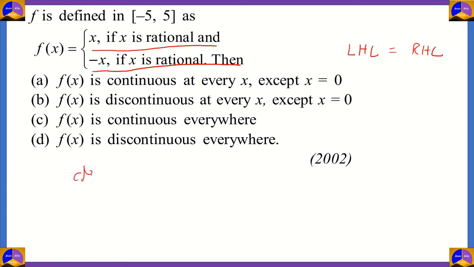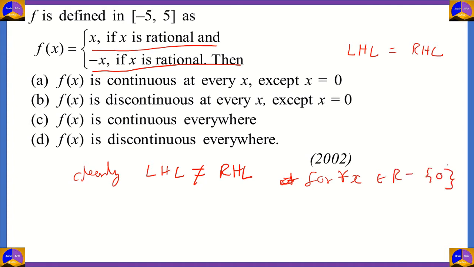And so therefore, clearly, LHL is not equal to the RHL at any value of x. So that is for all x belongs to R minus 0. And why minus 0? Because if you put in 0, then 0 and minus 0 mean the same thing. So therefore, the function f of x is discontinuous at every x except x equals 0.